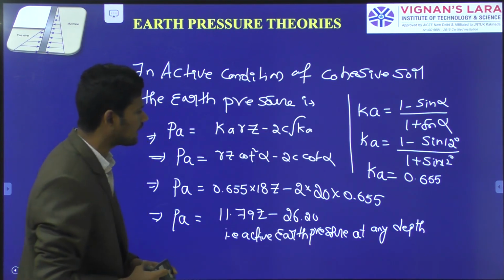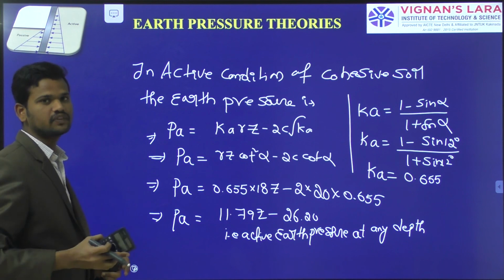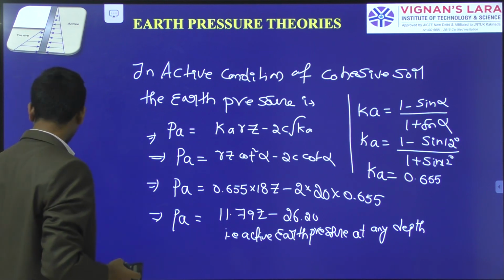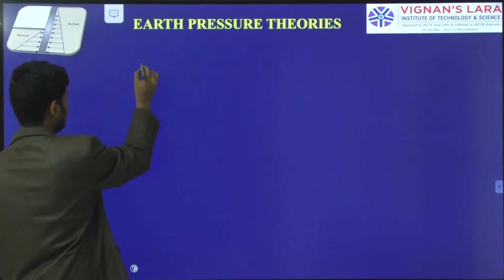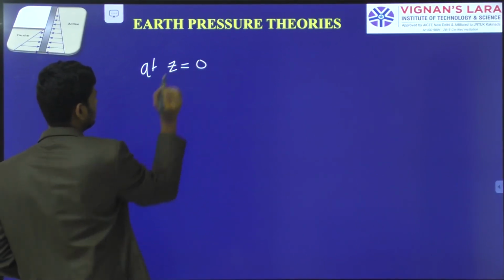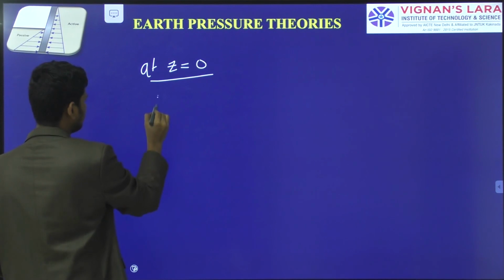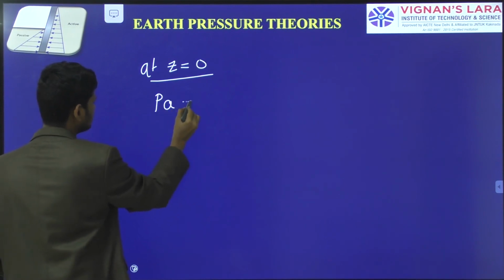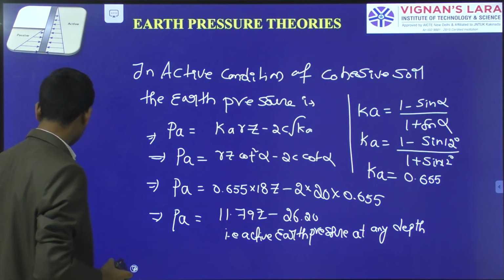Next we will calculate the active earth pressure at the top of the wall as well as at the bottom of the wall. At Z equal to 0, the active earth pressure Pa equal to 11.79 into Z minus 2C into square root of Ka.